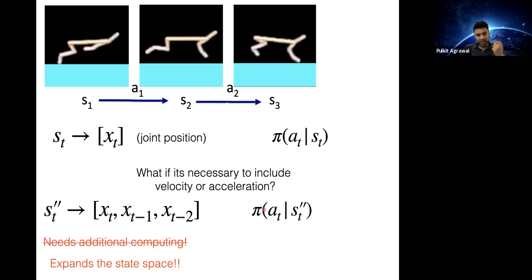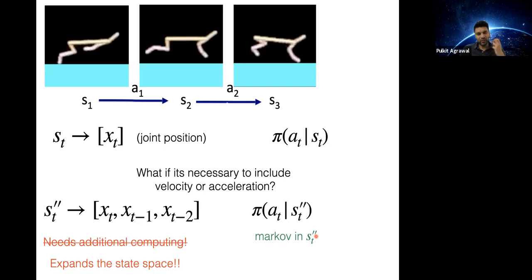And now we can learn the policy, same as before. This is Markov when S_t double prime, and although it is Markov, which means that I can pretty much use all the algorithms that we have discussed until now, this doesn't really mean that we are going to be more data efficient in any way.